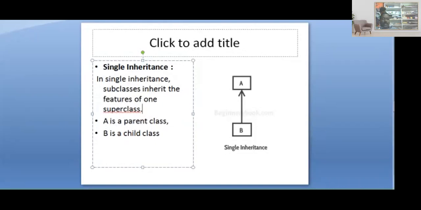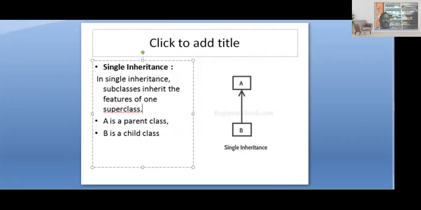Who is the superclass here? A is the superclass. Who is the subclass? B is the subclass. Who will inherit the features of the superclass? B, the child class, will inherit the features of the parent class.